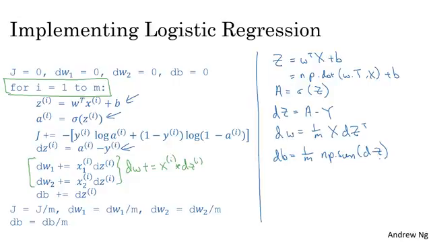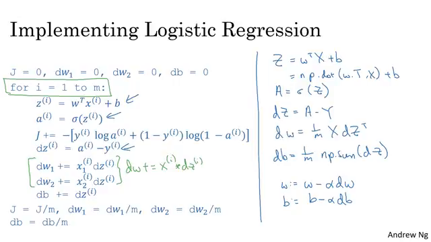So you've just done forward propagation and back propagation, really computing the predictions and computing the derivatives on all m training examples without using a for loop. And so the gradient descent update would be, w gets updated as w minus the learning rate times dw, which we just computed above, and b gets updated as b minus the learning rate times db.